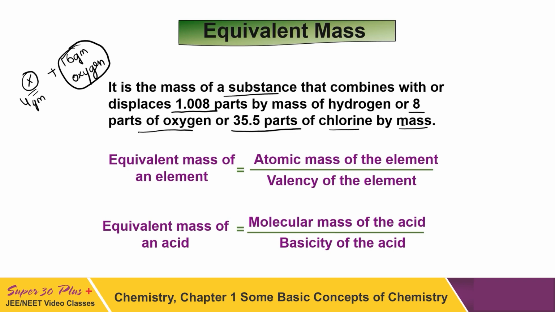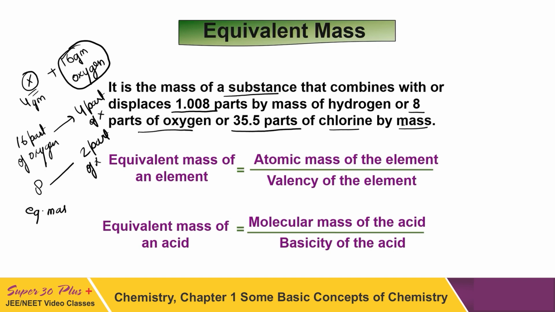So here 16 parts of oxygen react with 4 parts of X. So what about 8? 8 will react with 2 parts of X. So now I can say that the equivalent mass of X is 2. So this is how we define the equivalent mass.